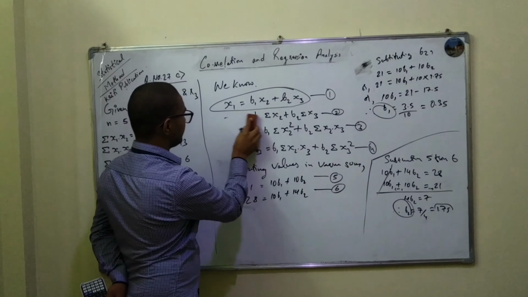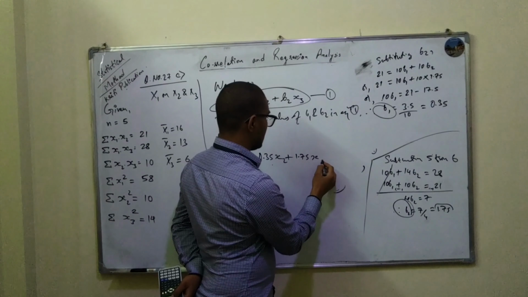Putting the values of b1 and b2 in equation 1, we get x1 is equal to, and what's the b1? 0.35 x2 plus 1.75 x3.